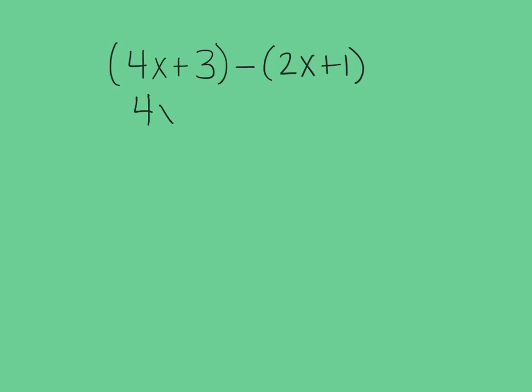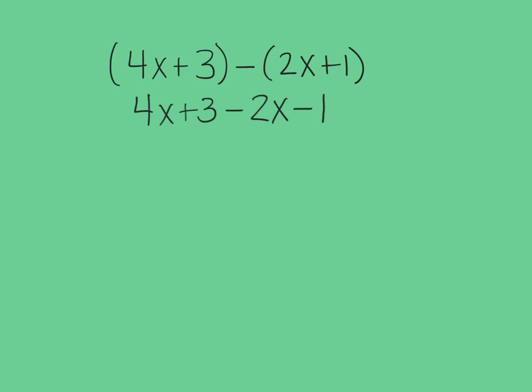So the first part stays the same, but now I'm subtracting it. So I'm doing minus 2x, minus a positive 2x, and then minus positive 1. So I also need to do minus positive 1. Notice how this positive 1 is also being subtracted.